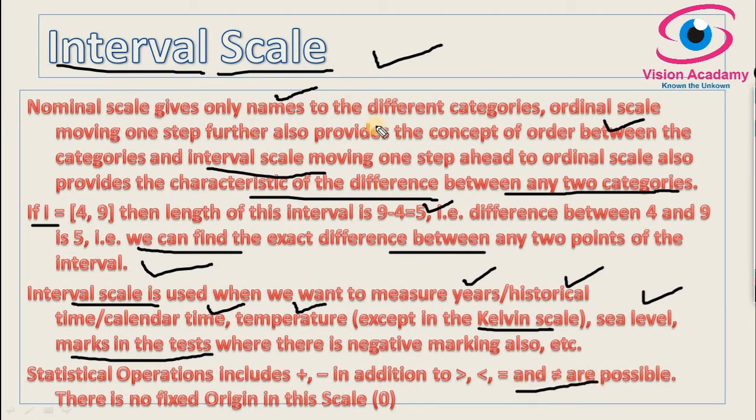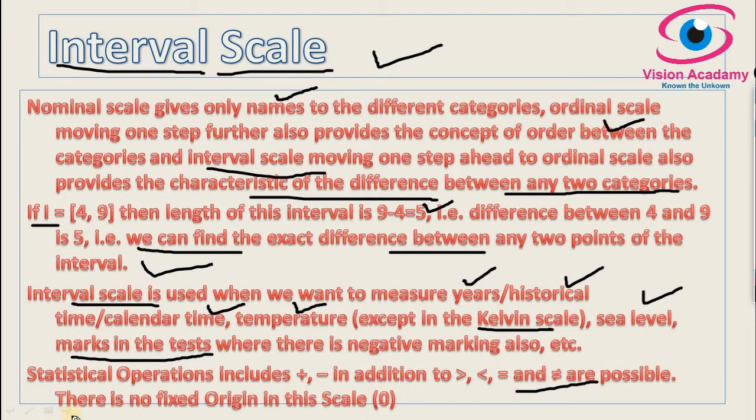One thing is clear: when you are talking about the ordinal scale, the features of the nominal scale are included in the ordinal scale. When you are talking about the interval scale, the features of the nominal and ordinal scales are included in that scale. And when you are talking about the ratio scale, all three features are included, which are categorized from the lowest level to the highest level of statistical application.